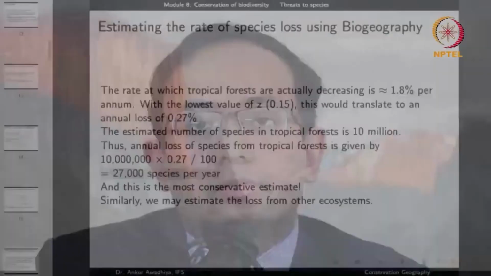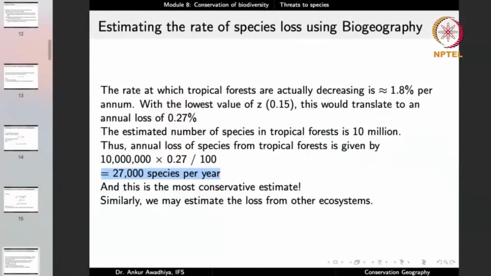So the island biogeography model gives us an estimate, and in a very conservative estimate, we are losing tens of thousands of species every year with the current rate of destruction. So this is an important finding, that the threat is actually very real.